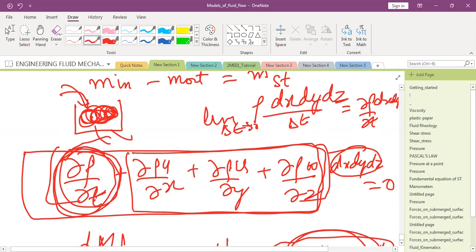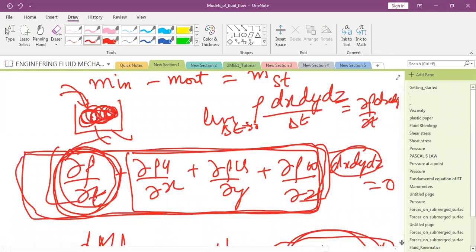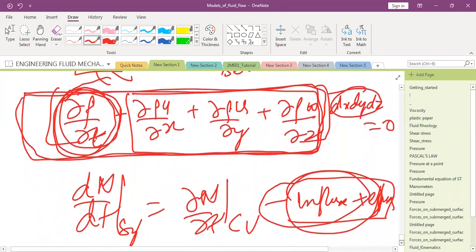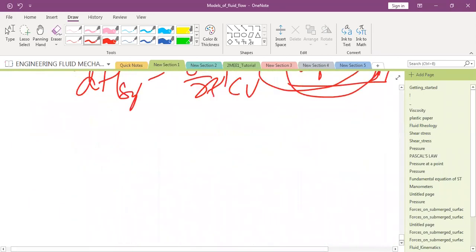If you see carefully, this is the same expression you got using Reynolds transport theorem. So this is the continuity equation, that is the conservation of mass equation.